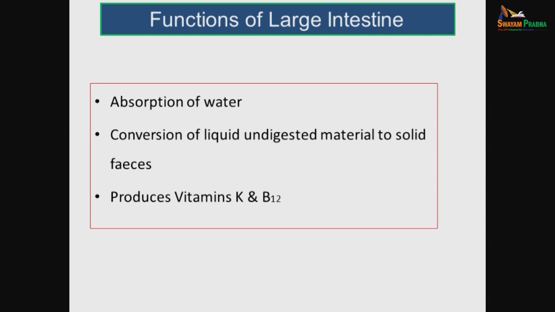So the main function of the large intestine is to absorb water, thereby converting the liquid undigested material to solid feces. It also has a role in the production of vitamin K and B12.